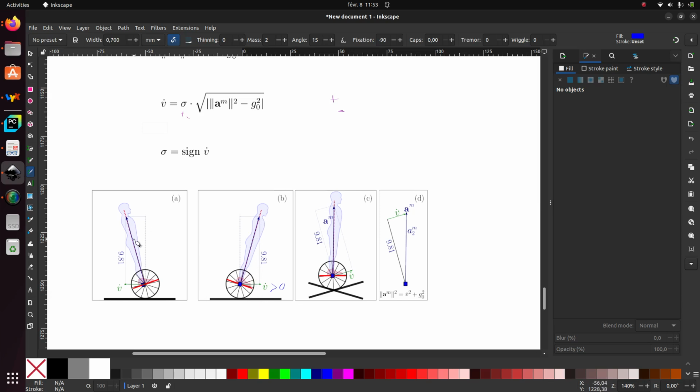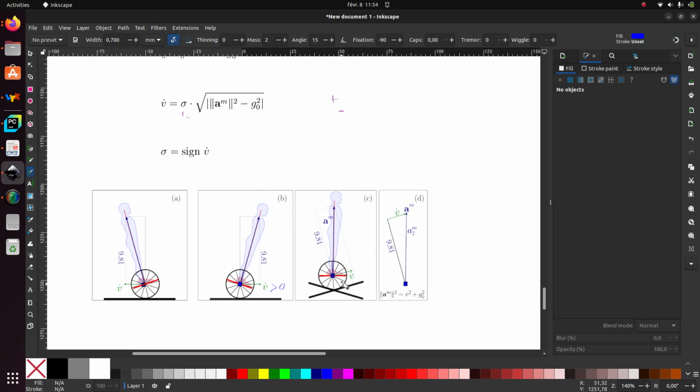But here it accelerates, here it decelerates, but if he closes his eyes, he has no possibility to know if it decelerates or if it accelerates. He is only able to see that it is not totally vertical and not static, because what he feels is an acceleration which is greater than g0, greater than 9.81.